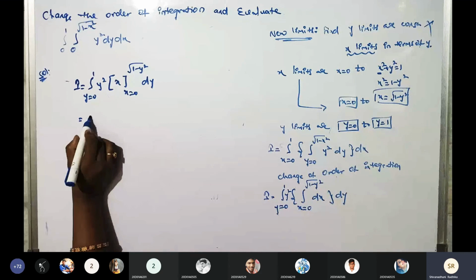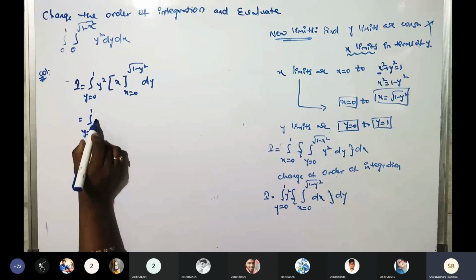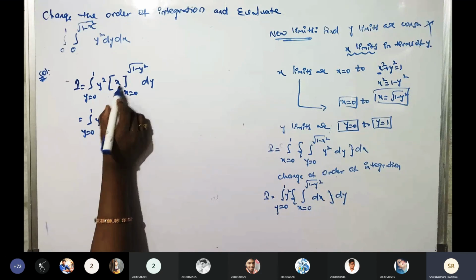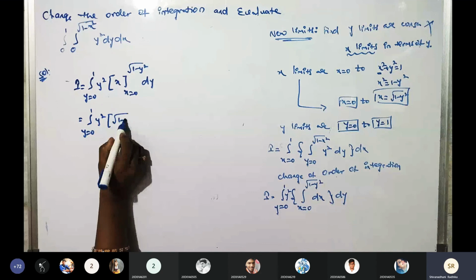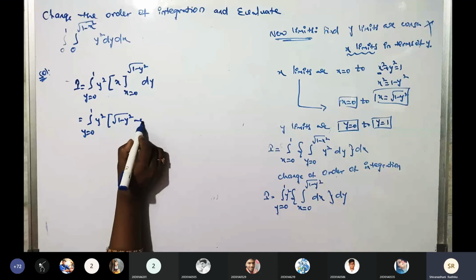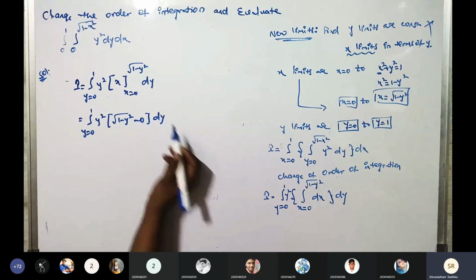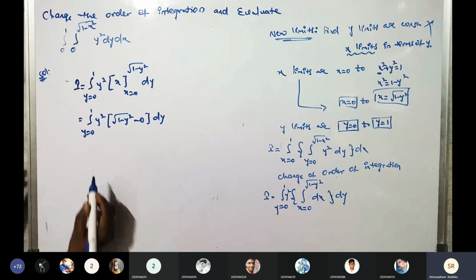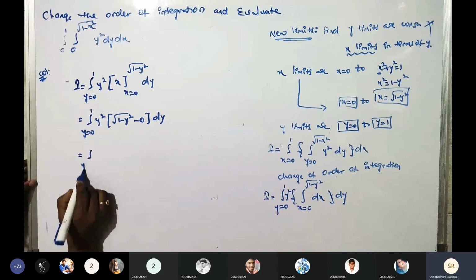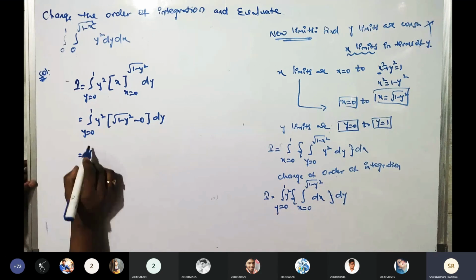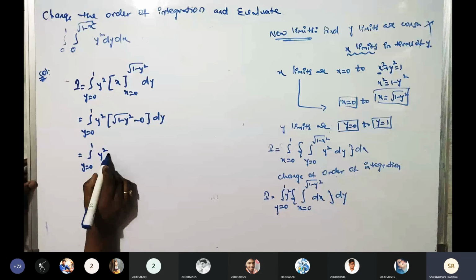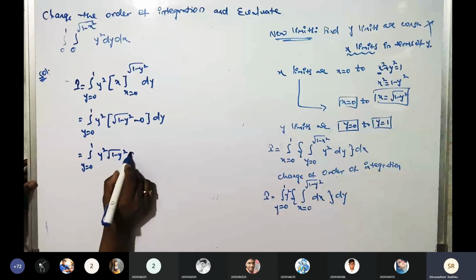Is it clear? Substitute the upper limit under root of 1 minus y square and lower limit 0. Now in this I am going to write integration y equals 0 to 1 y square into under root of 1 minus y square dy.